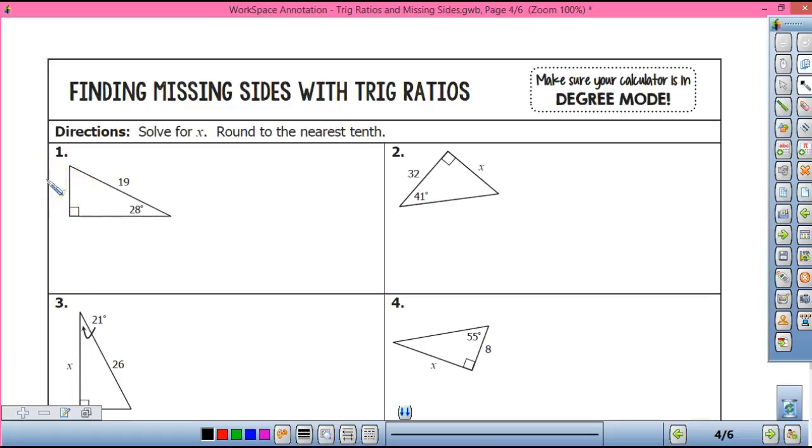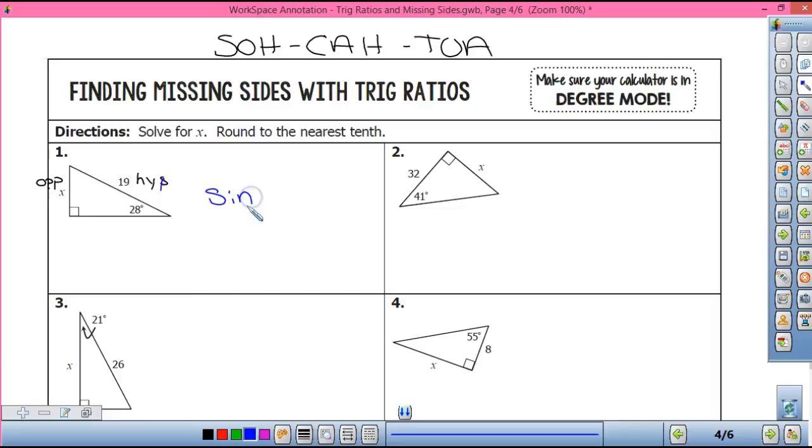Opposite, adjacent, or hypotenuse? Looking for opposite. They're giving us hypotenuse. Given that, which one of those uses opposite and hypotenuse? The sine, right? So we know that we have to use sine, because that's what opposite and hypotenuse is all about.